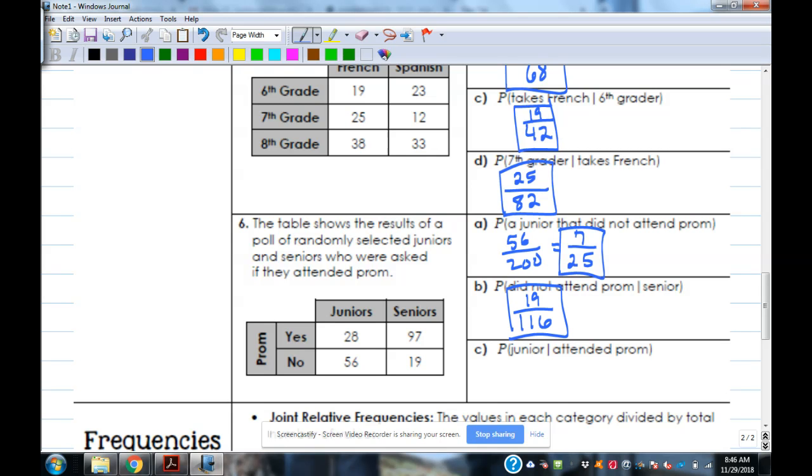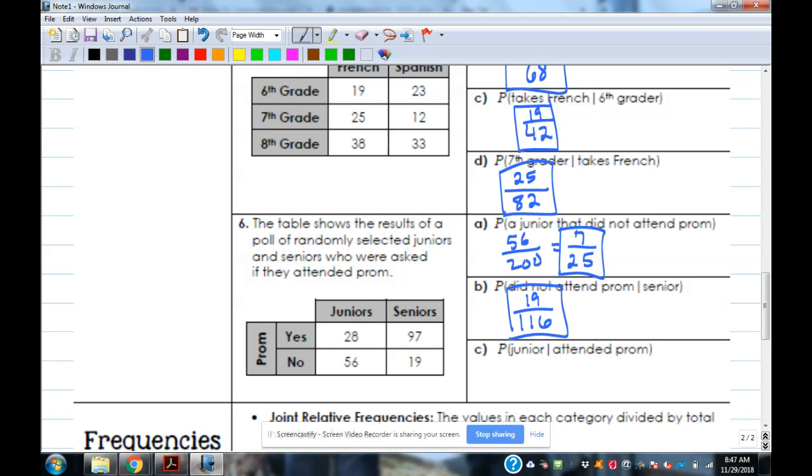Okay. C part. What are we looking for? So juniors, given that they did what? Attended prom. So what part of the chart are we looking at? The yes row, and then the juniors there.